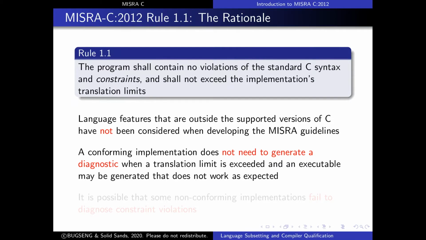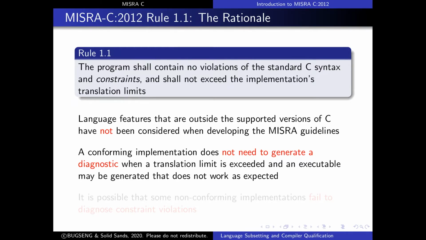For example, for C90, a compiler can be legitimately called a C compiler if it implements a maximum depth of conditional compilation directives of 9, if I remember correctly. It means that if you go deeper, to 10, you do not even have the guarantee that the compiler will give you a diagnostic.